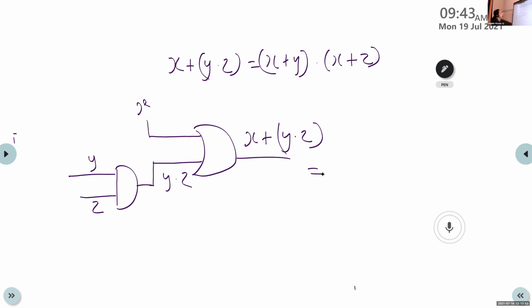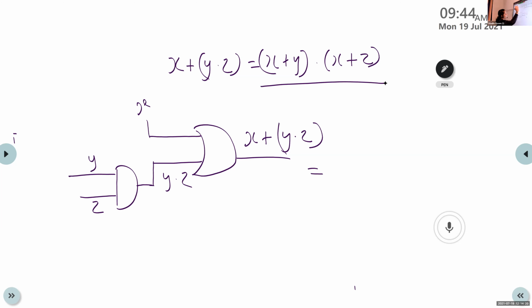Jacob, what about this last part? That is X plus Y into X plus Z. How can we draw the logic circuit for X plus Y dot X plus Z? Which one is the common operator?